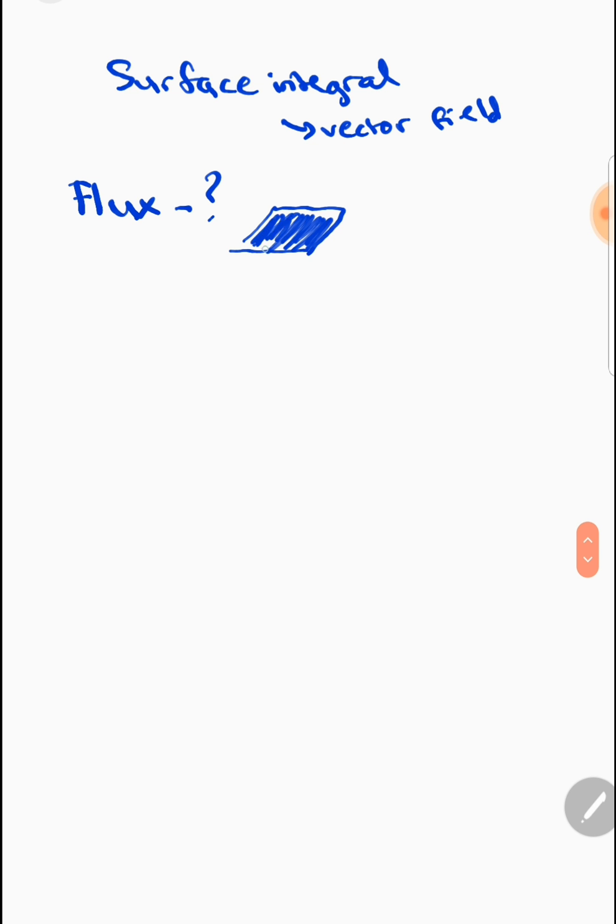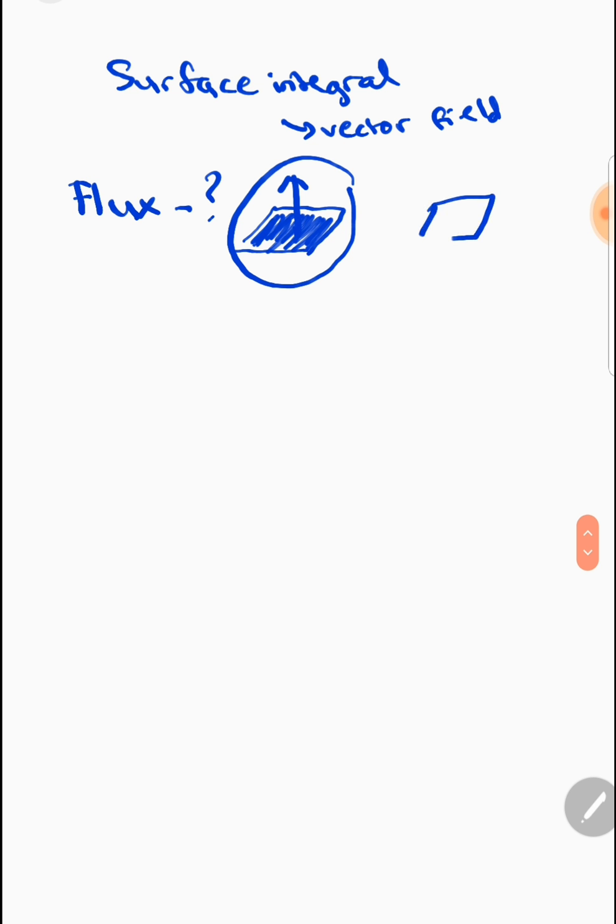So flux is the surface integral of the normal component, which is the orthogonal or perpendicular component to this surface. So when we have a situation like this, we say that we have flux.